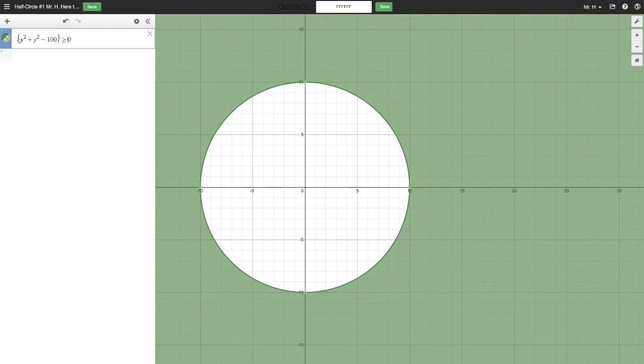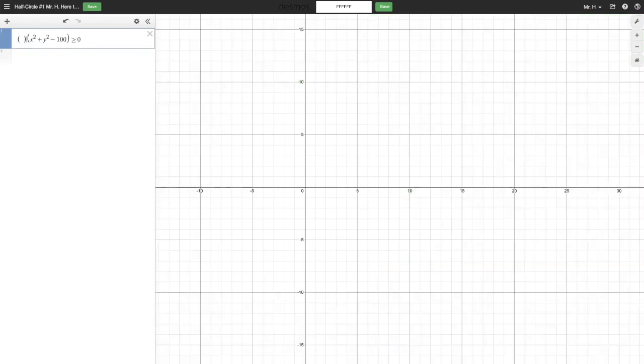Now, I think that these other factors are just going to be the equations of those little circles, because the idea would be that when those equations are positive, that's when we want to actually shade them in. So let's just give this a try by putting in one of those little circles.